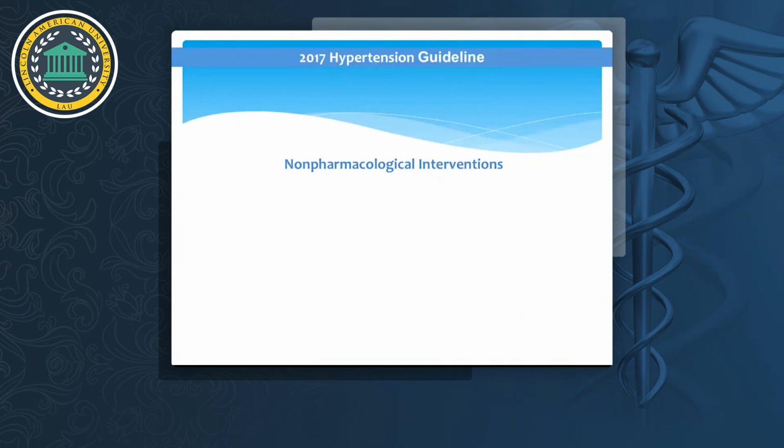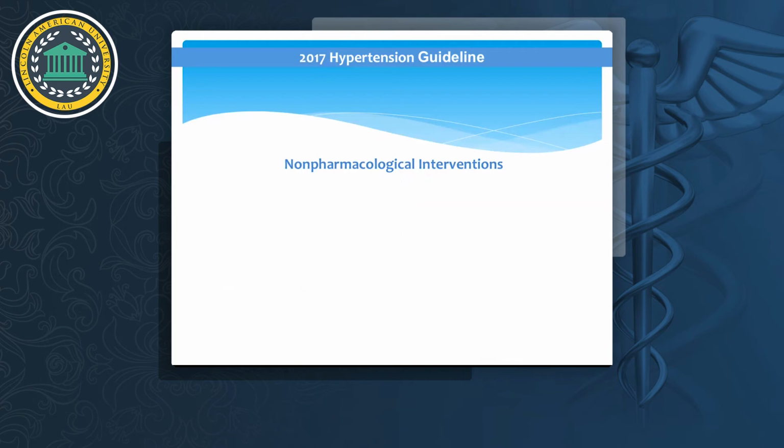Okay, so non-pharmacological interventions. As I said, for me, they are the lifeline. They're the most important. I emphasize non-pharmacological interventions more than medications. And believe me, my experience shows that in persons who adhere to non-pharmacological interventions, I rarely have to start antihypertensive medications.